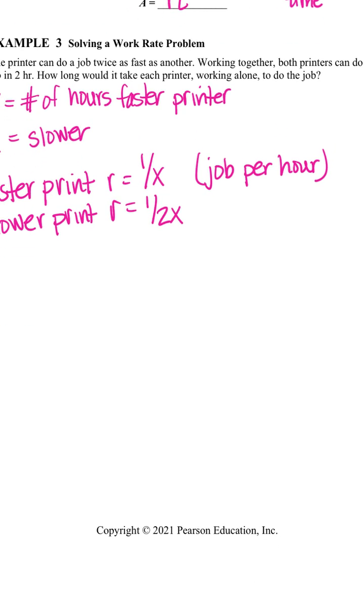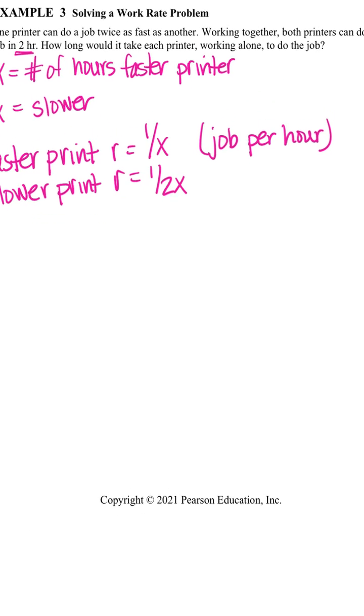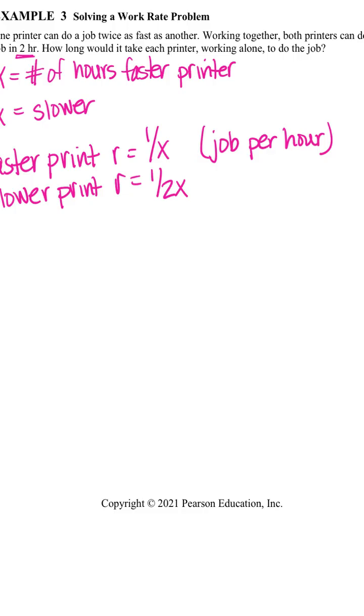All right, so step 2, we assign the variable. The faster printer is 1 over x. The time is 2 because we have a 2-hour job. As soon as I figure out how to make this stop jumping, I wish I could lock the screen so it wouldn't move.